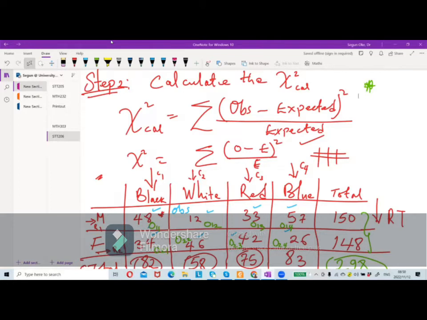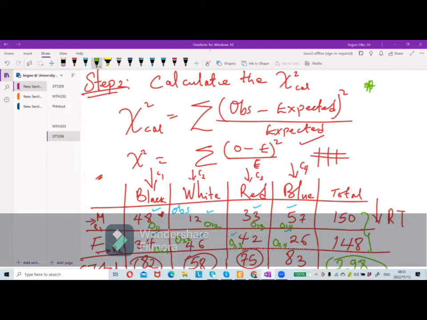Now, step 2 is to calculate our chi-square calculated. When you are doing chi-square calculated, the formula is observation minus expected, squared, divided by expected. Please don't square the expected. Be careful. Are you getting it now?